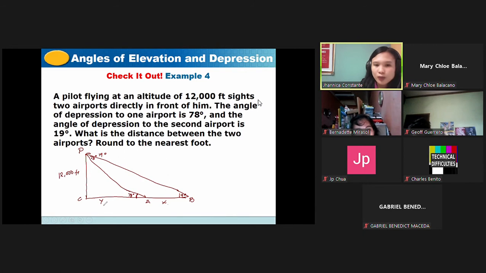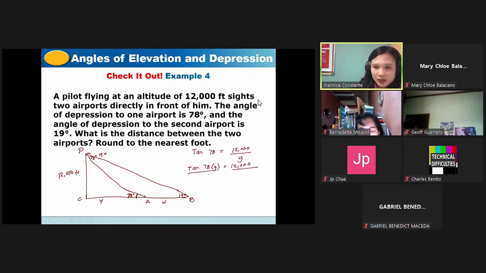So let's solve for y first. Since we're solving for y, we're going to use the 78 degrees angle of depression. So tan 78 equals 12,000 feet divided by the y we're going to solve. So tan 78 times y equals 12,000.